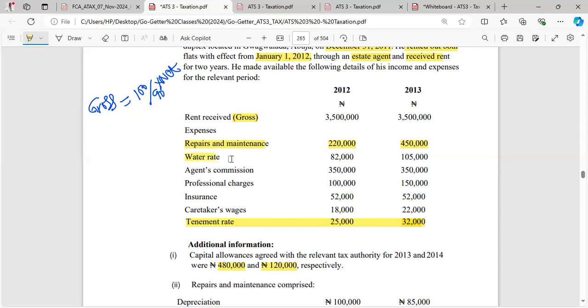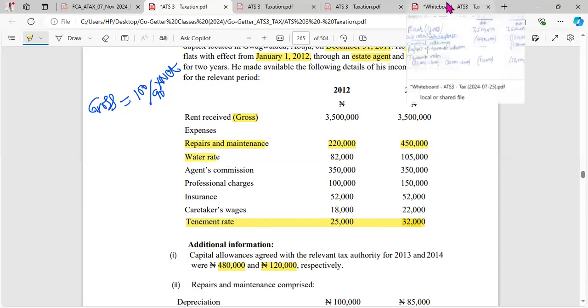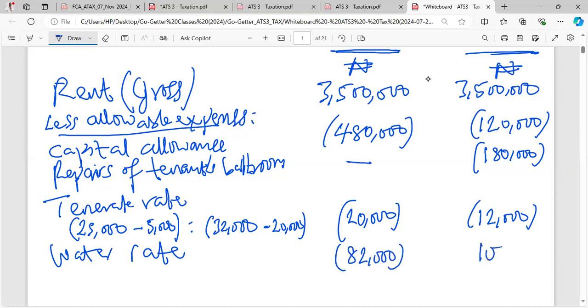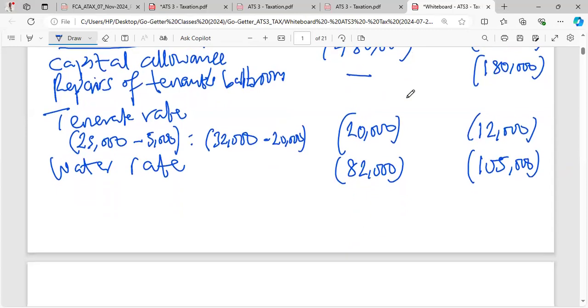We'll now take water rate. We'll put the water rate now, 82 and 105. Water rate, 82, 105. What's the next one?